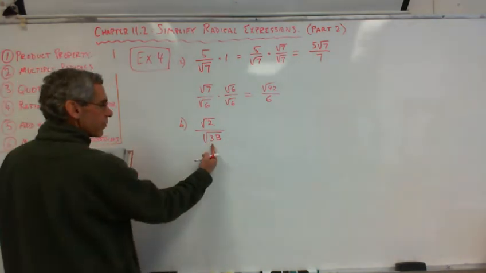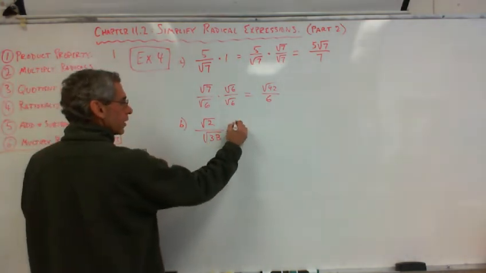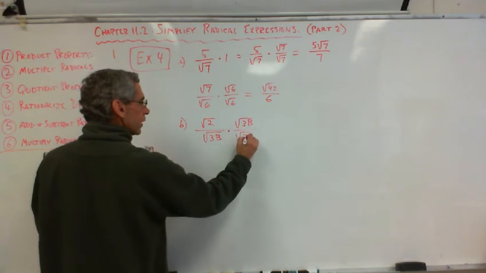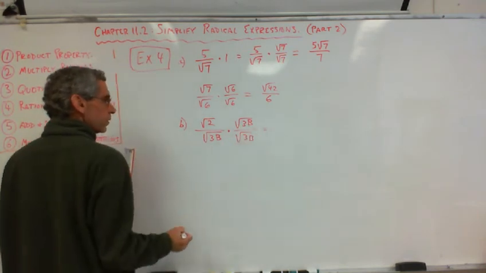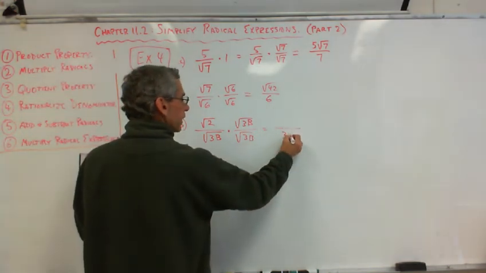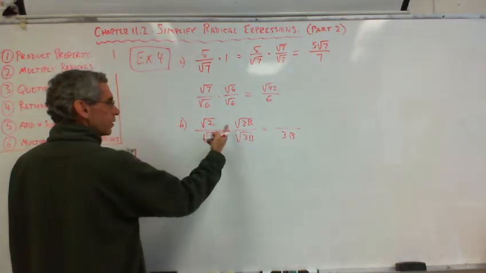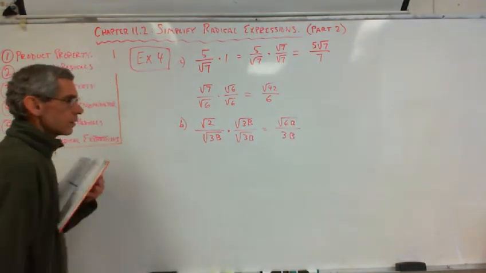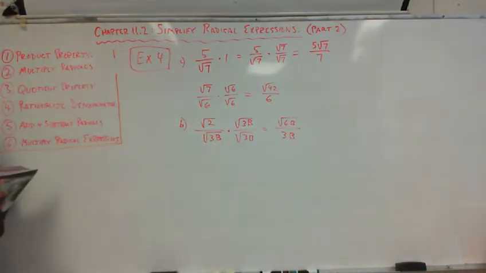So it's the denominator I want to get rid of. So I'm going to multiply it times the square root of 3b over the square root of 3b. So would the answer be the square root of 6b over 3b? We have 3b in the denominator, and this would be the square root of 6b, exactly. Does that make sense?